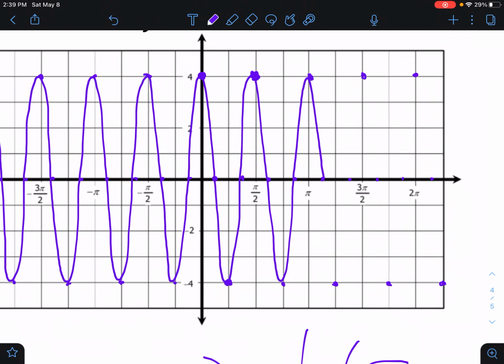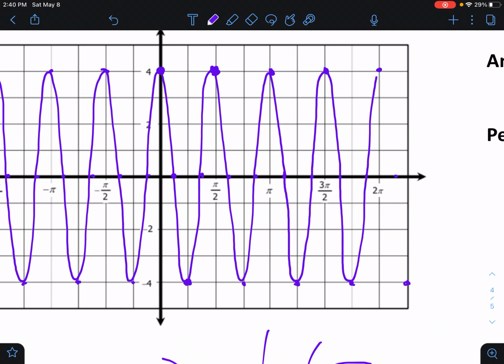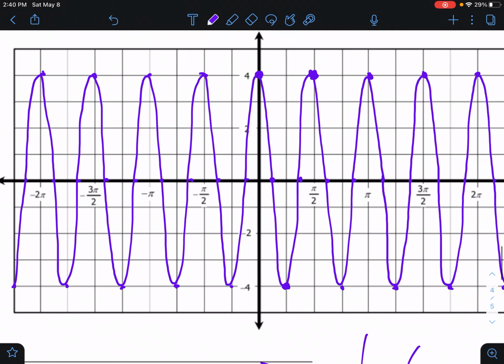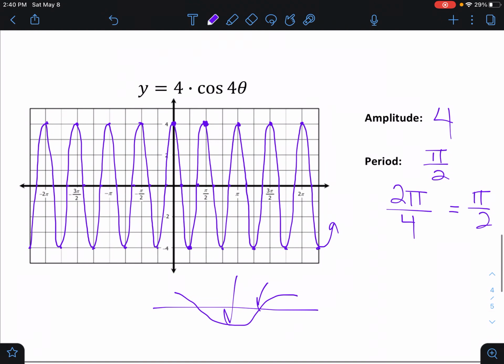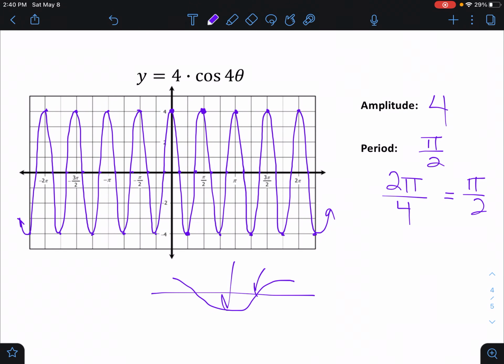I think I'm going to redo that because I missed a few dots there. That's not so good. All right, and I'm going to continue here with the little arrowheads on the end. And there you go. So that's how you do one of those. And that one's got a little bit more going on, but you get the picture on how that works.